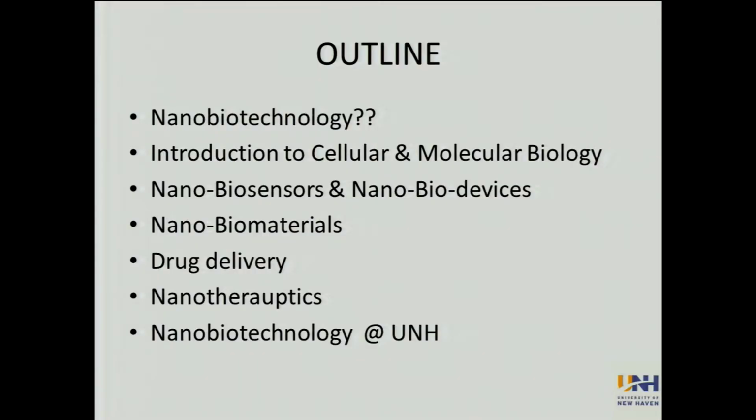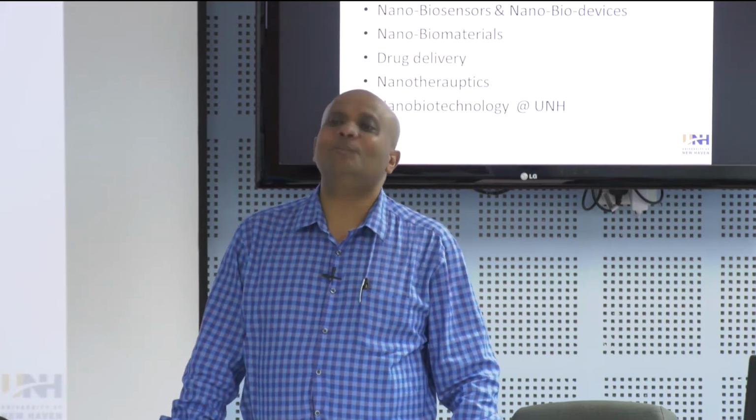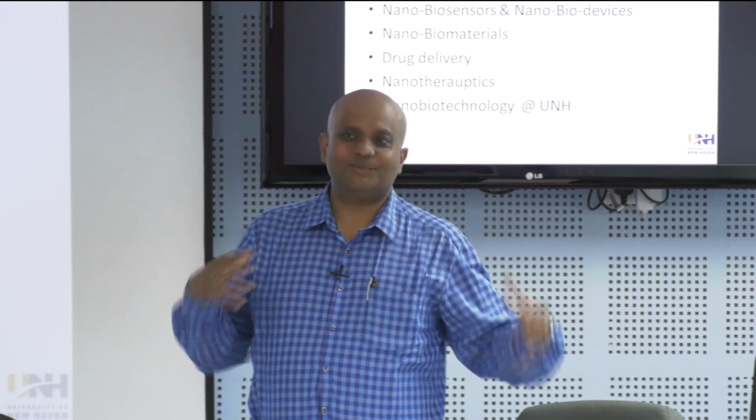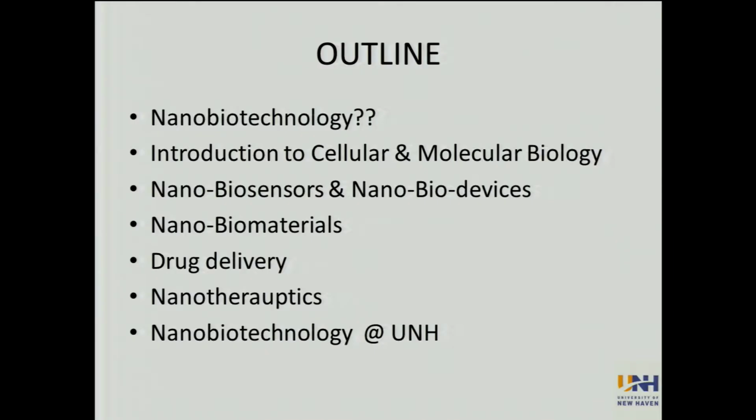In the previous slide I had a Venn diagram type diagram, and we have now moved to this one, which shows that nobody can be a true expert in nanotechnology. The reason is that it is so multidisciplinary. If somebody claims that they are an expert in nanotechnology, then they are bluffing.